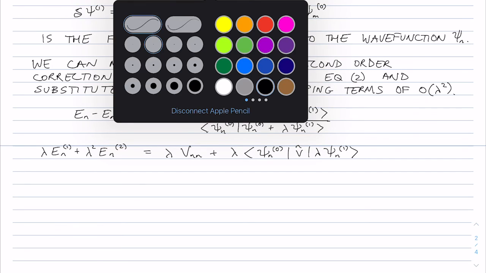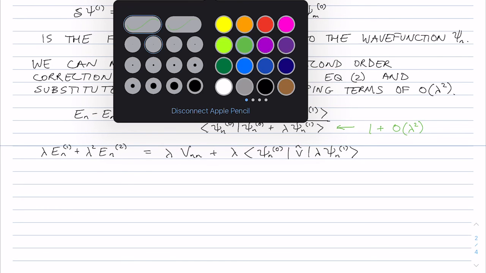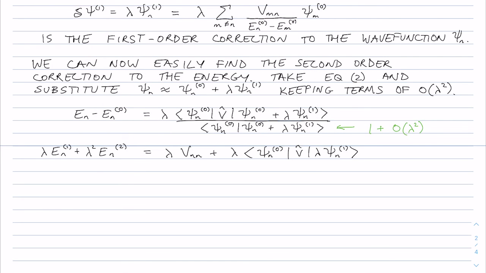I forgot to put it in green like I did last time. The normalization of psi n is correct. It's 1 up to order lambda squared, as we showed earlier. So we don't need to introduce an extra lambda squared in the denominator, because then the whole thing would be order lambda cubed. That denominator is important, but only at third order in energy or second order in wave function, so we don't need to worry about that. We won't go that far in this course.